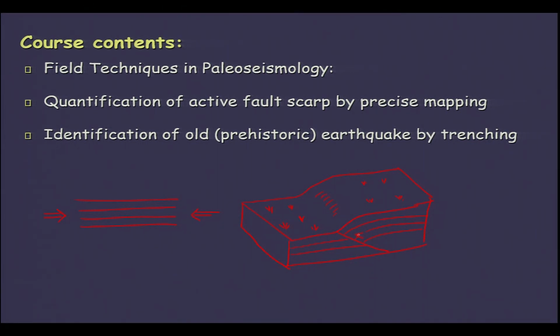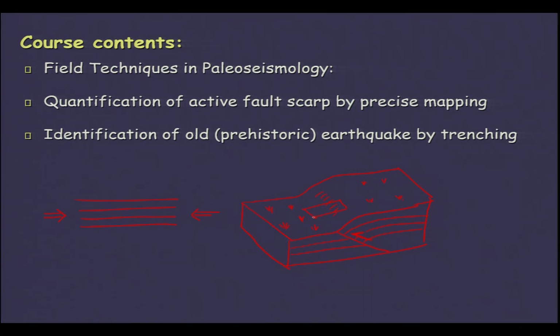So we are interested in how many earthquakes were responsible for developing this particular scarp. This is the landform on the surface. What we do is open up a trench here. We will dig this portion and try to see this particular section.